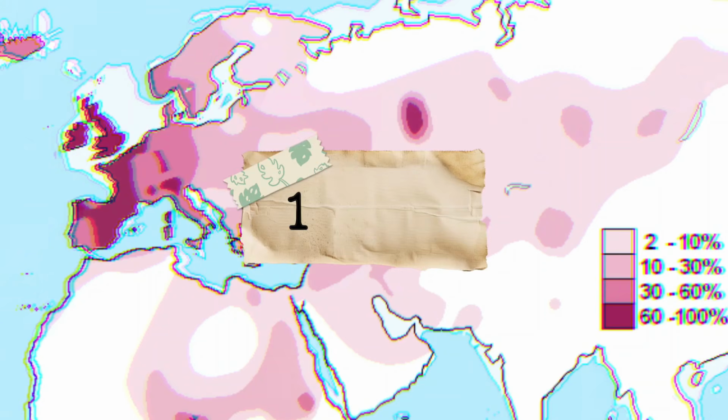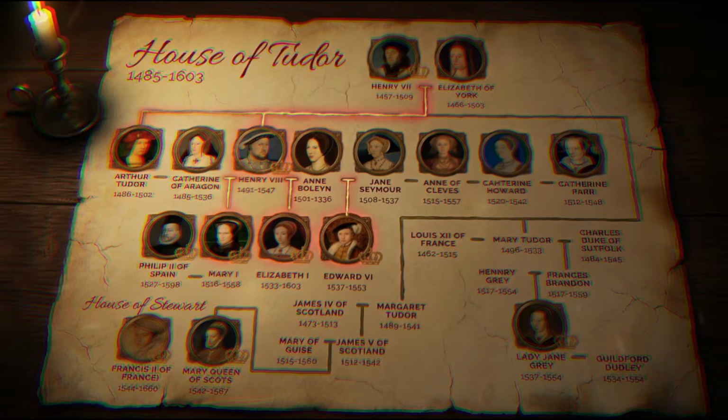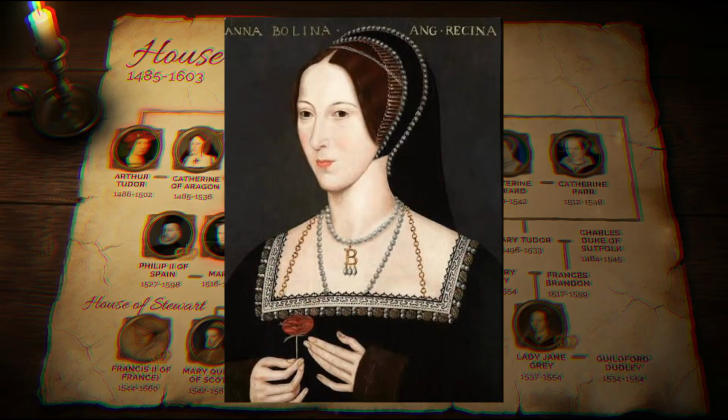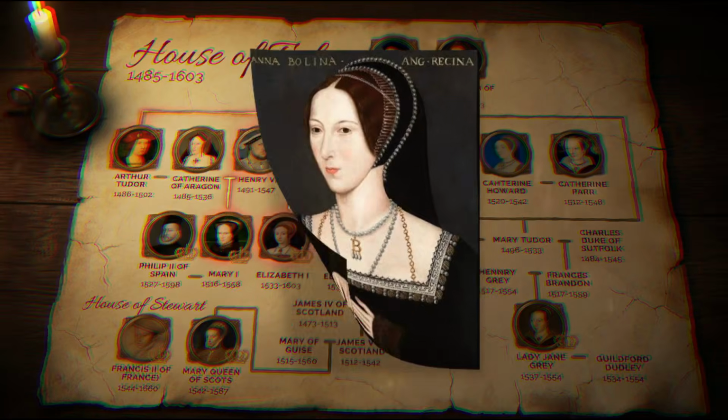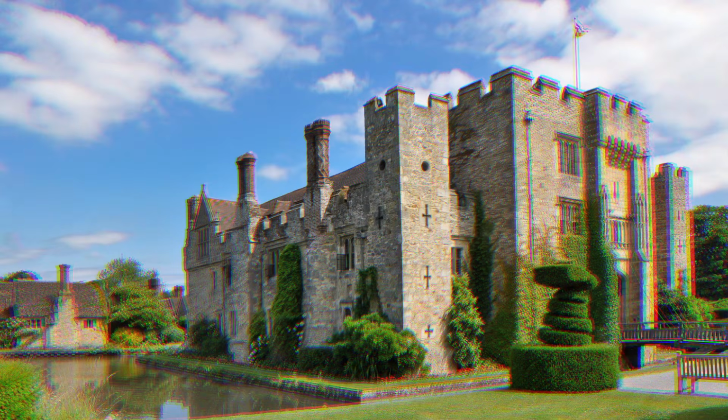In Europe, it leaps to 15 or 16%, 1 in 6 people. Which means that in the crowded, intermarrying noble families of Tudor England, Rh negative blood was almost certainly present, including, quite possibly, in a young woman raised at Hever Castle in Kent.